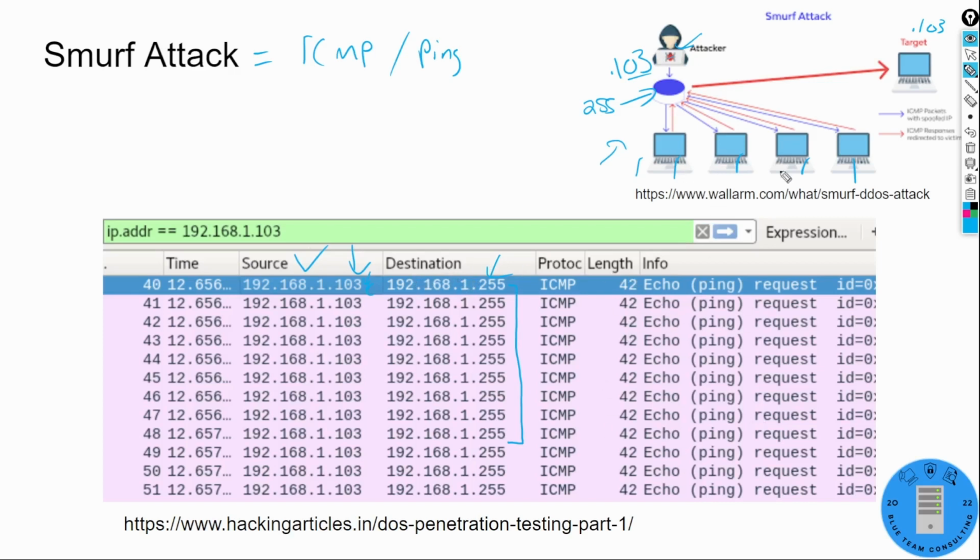And when these clients all respond back with an echo reply message to confirm that they are up, this machine is going to be DoSed because it's going to be completely overwhelmed with the number of packets that are inbound to it. So that is the Smurf attack, and remember the Fraggle just dealt with the same exact concept except using UDP packets instead of ICMP.